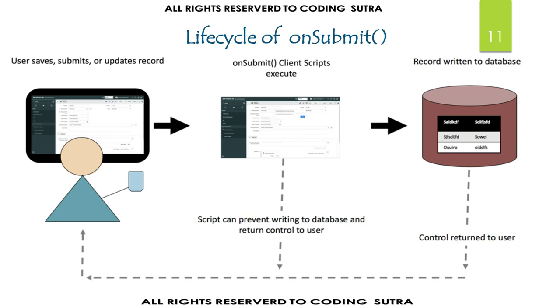If the onSubmit client script returns true and runs successfully, then the record is written to the database. Coming to our previous example, if I write age 20, which is greater than 18, it will be successfully written to the database. After the database write, control will be returned to the user.